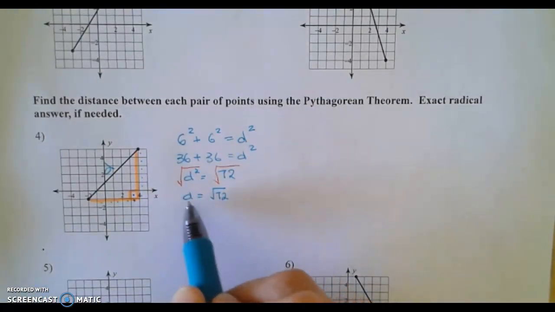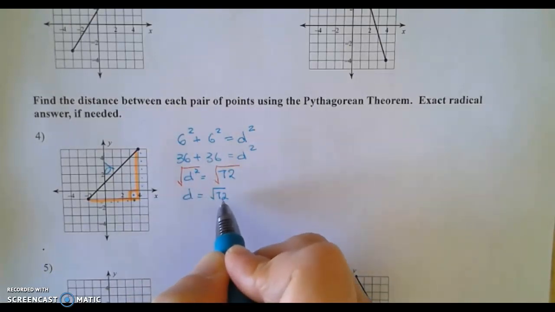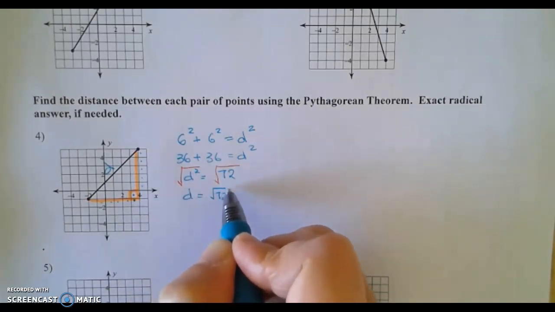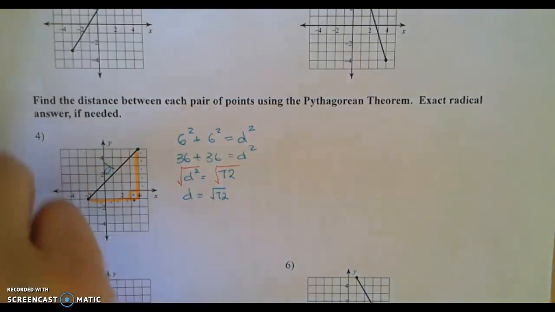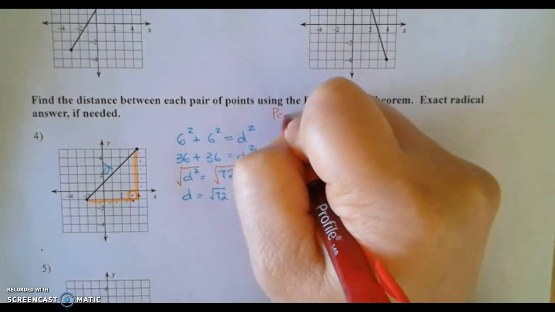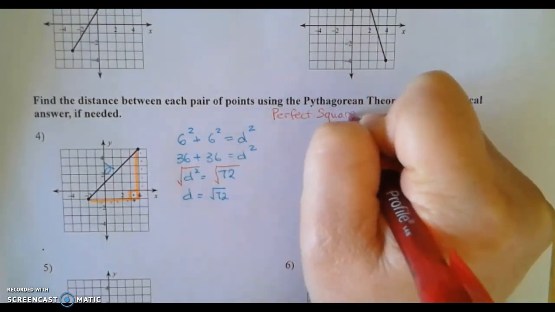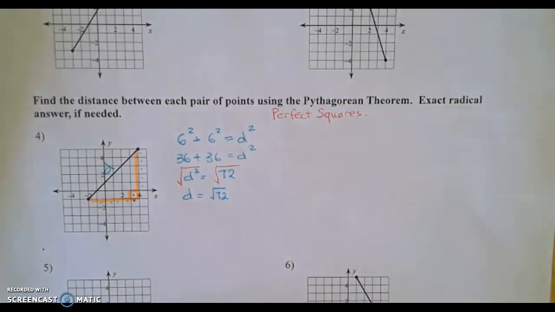Sometimes this is all we can do. However, sometimes we can simplify the radicals. To do that, we need to be looking for perfect squares. Now, what is a perfect square? Perfect squares are numbers like 1 squared, 2 squared, 3 squared, 4 squared, 5 squared, 6 squared, and so on.